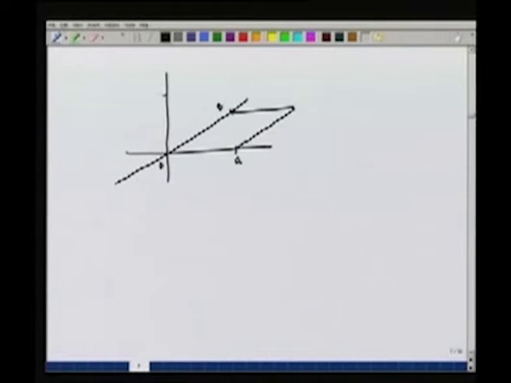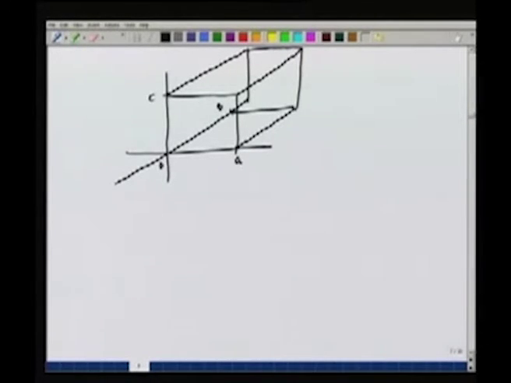I take this height, this is C, and now I got something three-dimensional. Let us look at this, and I want to find the volume of this.